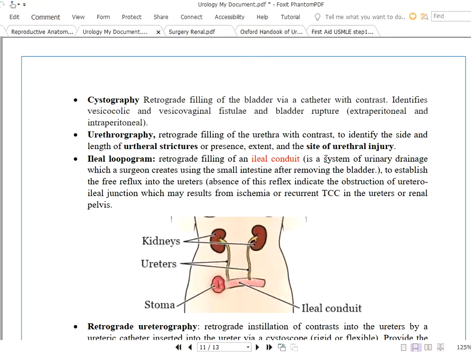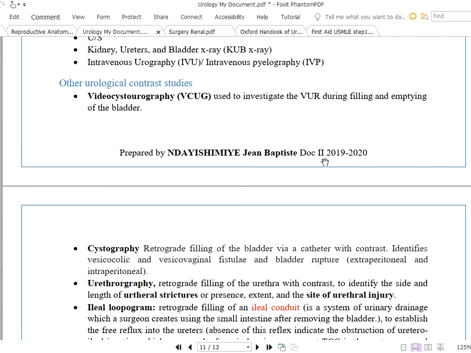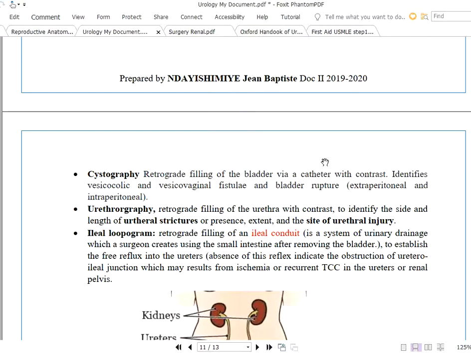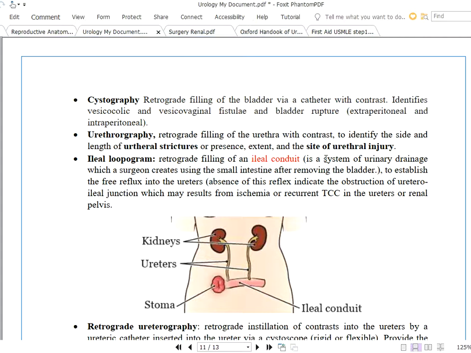This is a procedure done also to look for reflux, but this reflux has a different implication from the reflux we have been studying in video cystourography, because this is for a patient who has undergone surgery, maybe removal of transitional cell carcinoma of the urinary bladder.